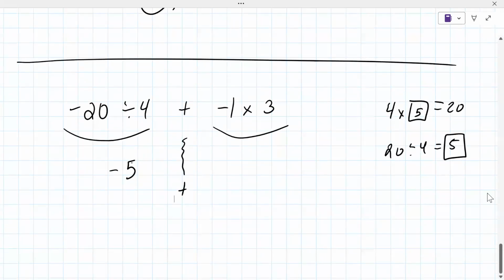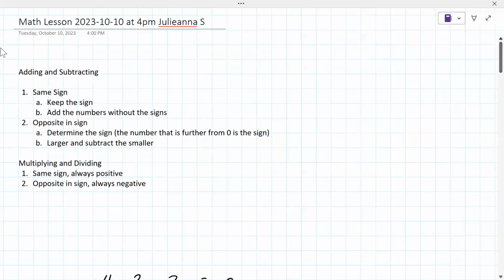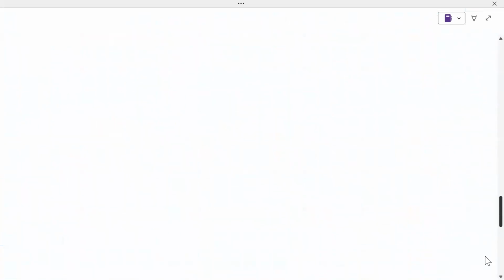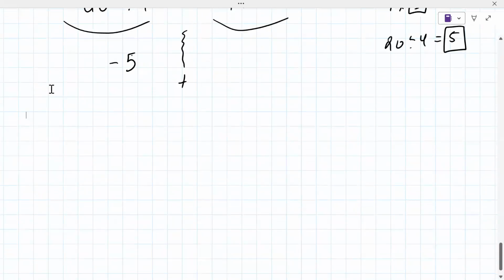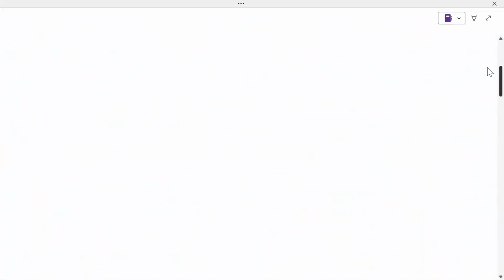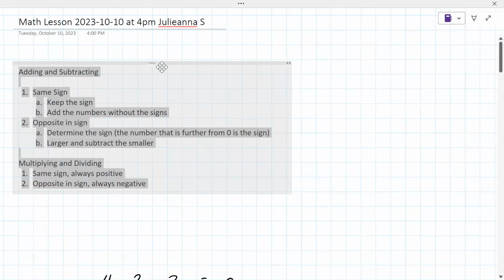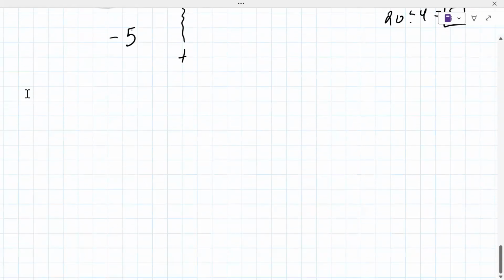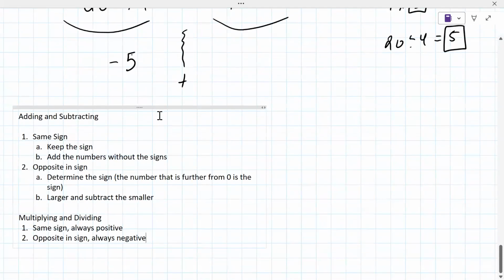You're mixing the rules. So this is a good time for us to refresh on the rules. If you can, I'd print them out and have something near you. You cannot mix the rules.